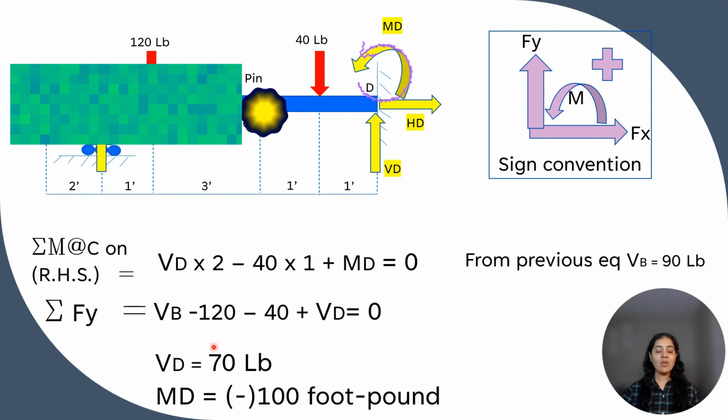So we get VD is equal to 70 lb and MD is equal to negative of 100 foot-pound.